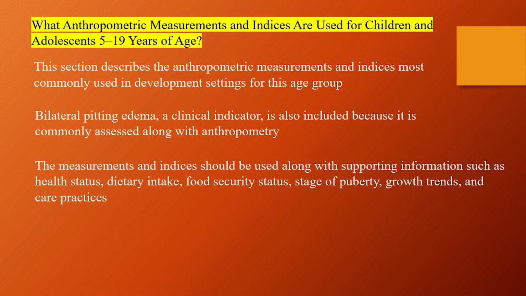So, what anthropometric measurements and indices are used for the children and adolescents of the age group of 5 to 19 years? This section describes the anthropometric measurements or indices which are commonly used for this age group. What are those indices or measurements which we will have to look for to assess the problems?